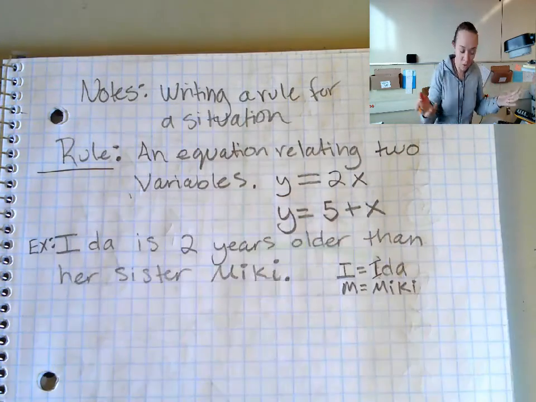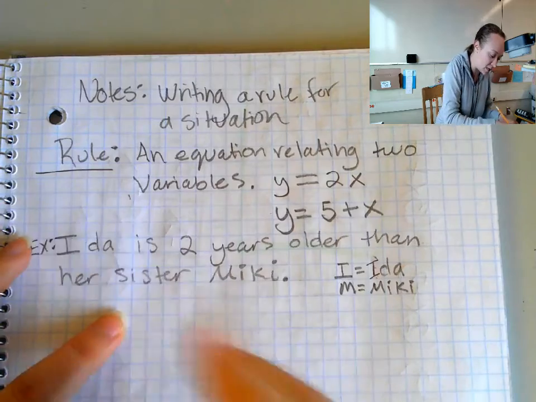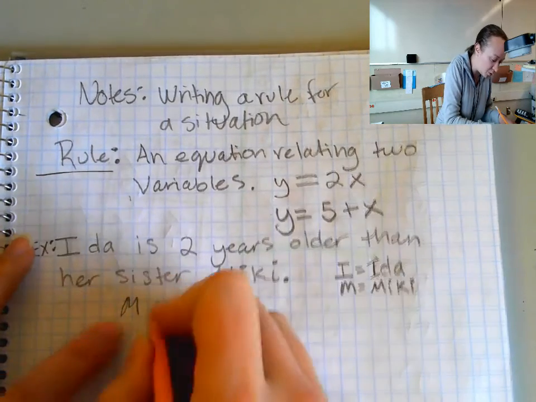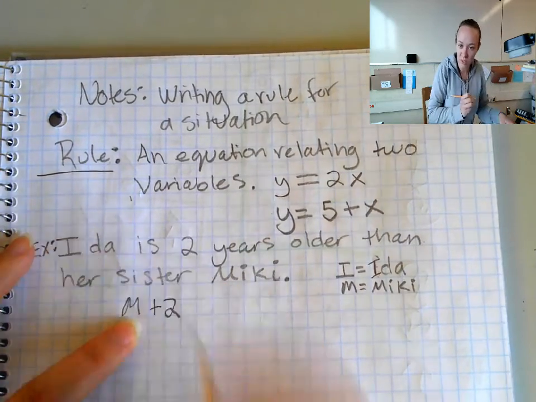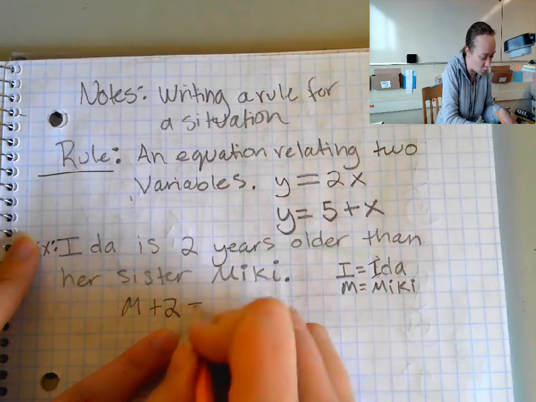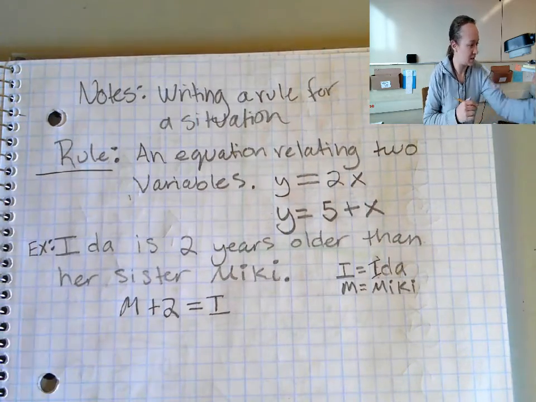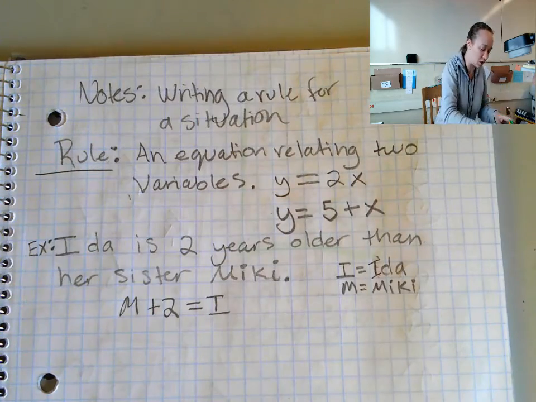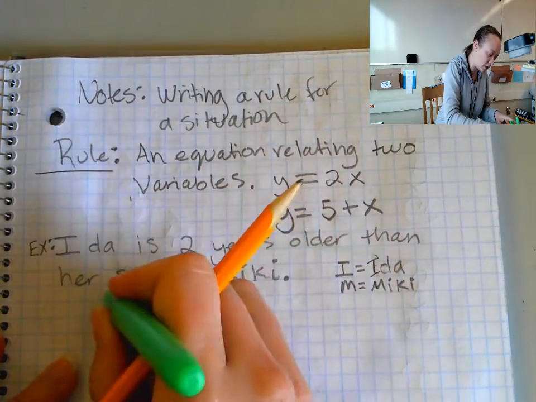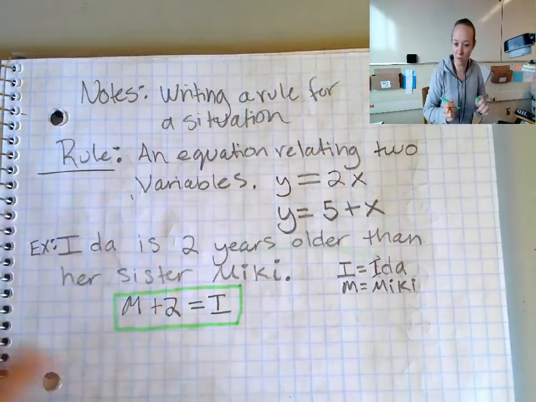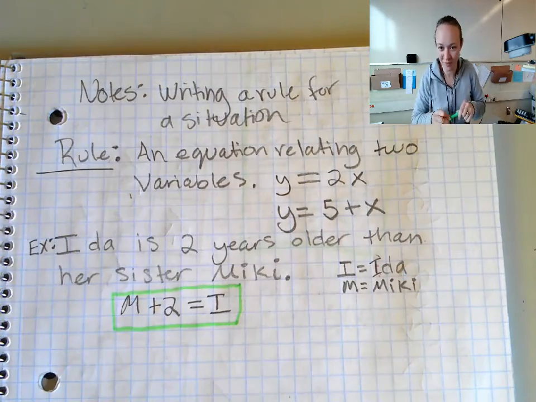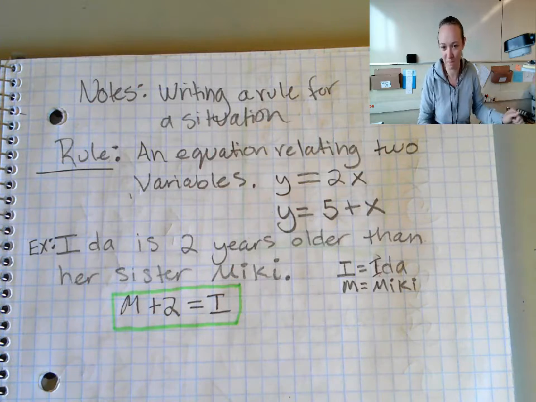We know that a rule would be that if we take Mickey's age and we add 2, that's always going to equal Ida's age. So this is our rule. It has an equation, two variables, and it shows the relationship between them.